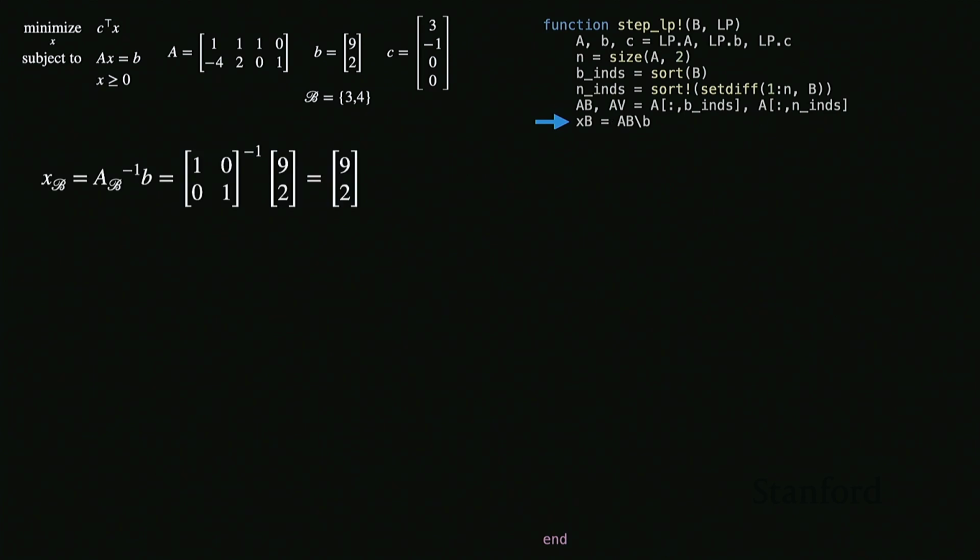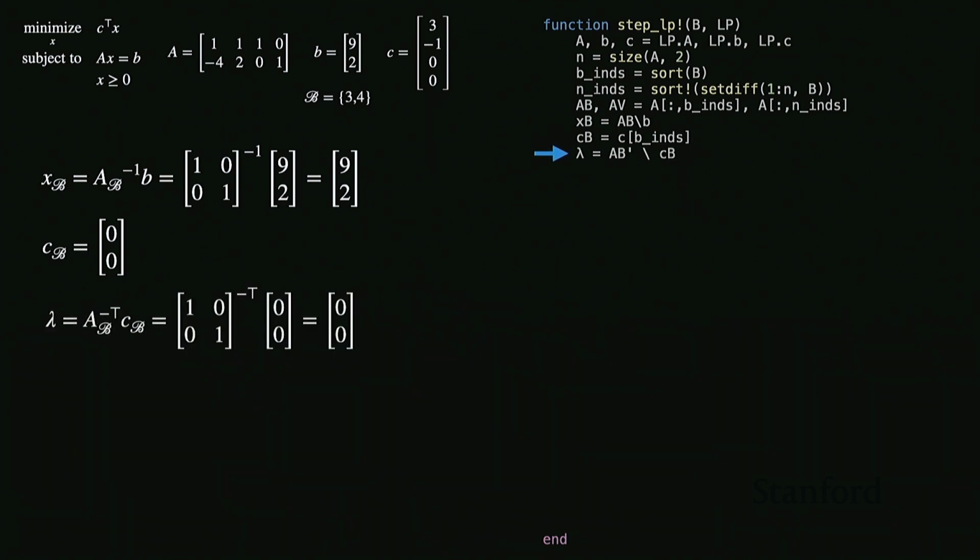A basis is going to be the identity matrix, because that comes from 3, 4, so the third and fourth columns of A form our A basis. Then our B term is just 9, 2, so that gives us 9, 2 for x basis. C basis is just going to be the third and fourth components of C, so that's 0, 0.